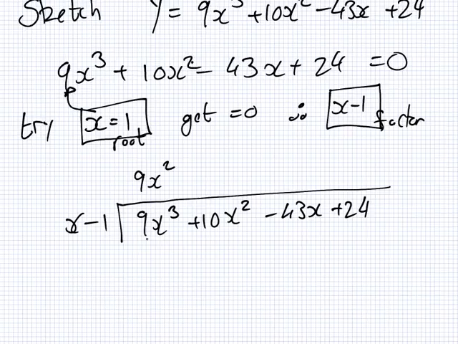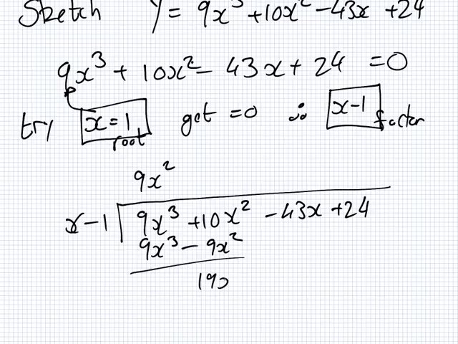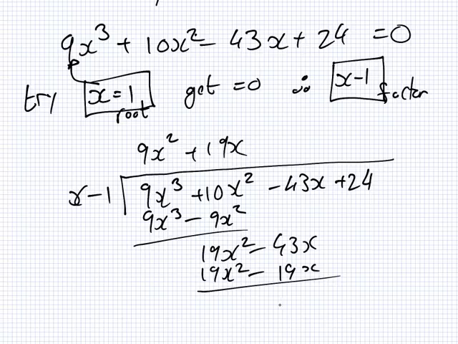9x squared, 9x cubed minus 9x squared, 19x squared minus 43x, plus 19x squared minus 19x, what's that, minus 24x? And here, minus 24x, here, minus 1.